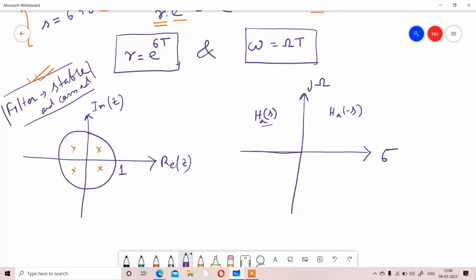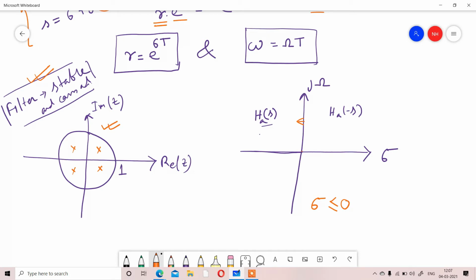So we will check whether all the poles towards the left side satisfy the condition, meaning all poles related to sigma less than or equal to 0.